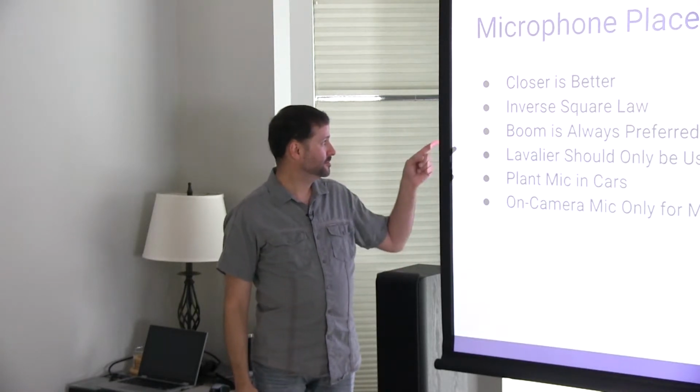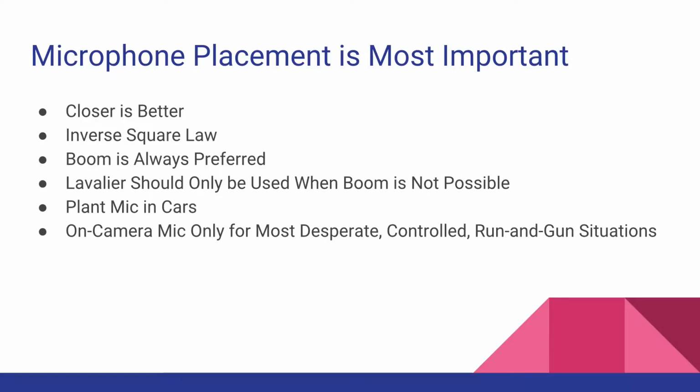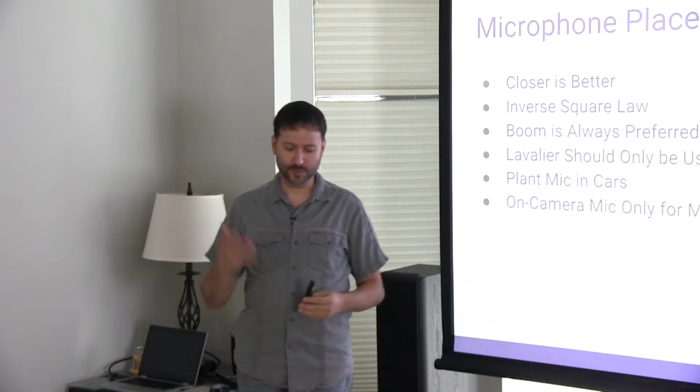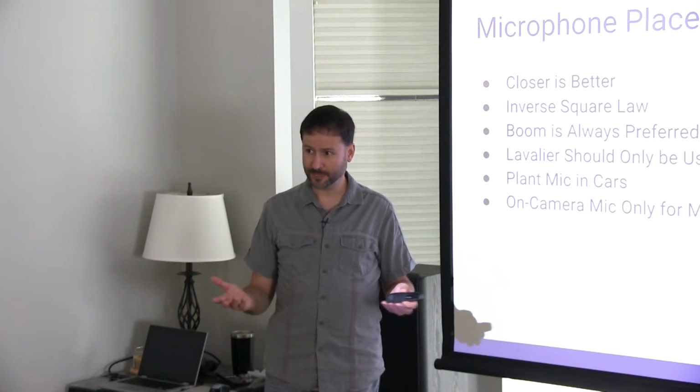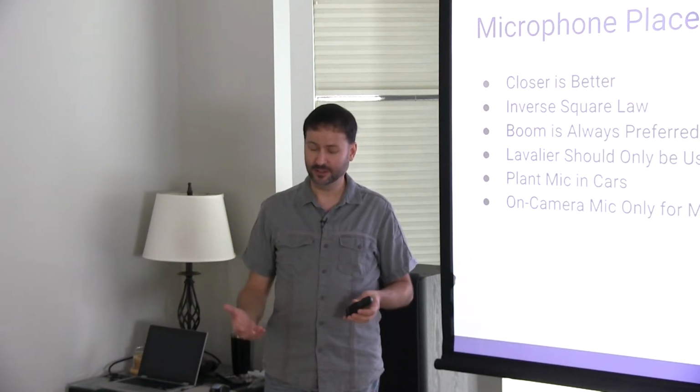So I don't know if I'm going to give the reasons why later, so I'll talk about it now. The boom microphone is going to give you the most natural sound. Remember I was saying earlier that a little bit of room reverb is normal. It is expected.